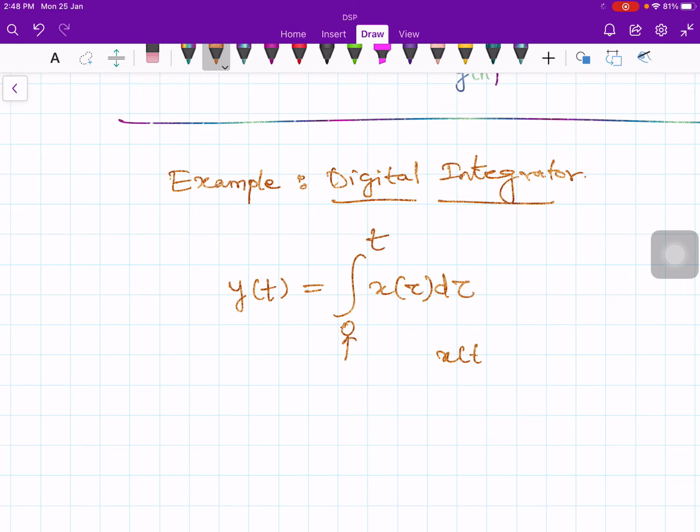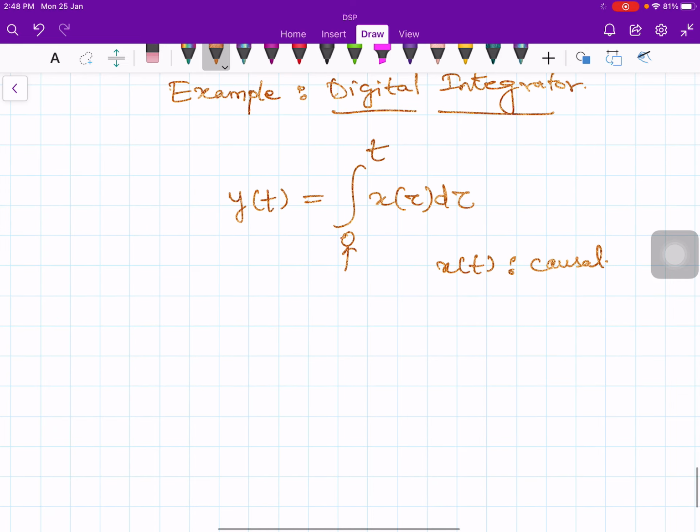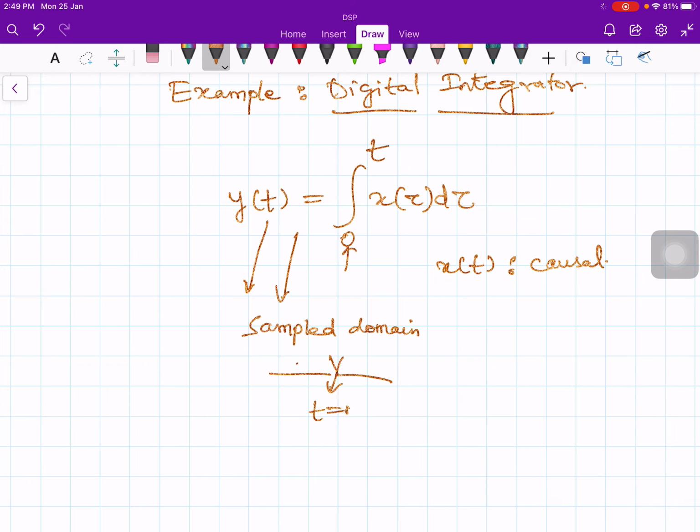The input is causal. Now if I wish to do it in the sampled domain, I mean in the digital domain, I can write this integral as follows. Sampled domain means you are sampling it, right? t is equal to n times capital T. That's your sampling process.